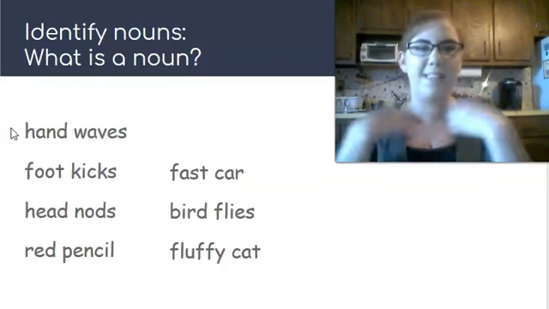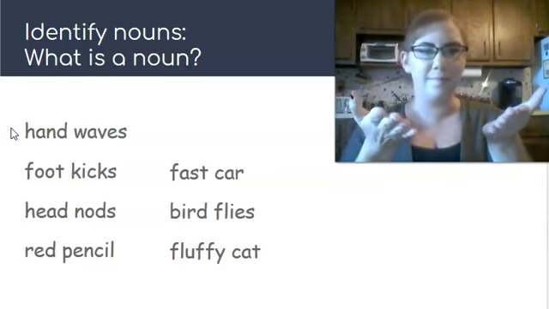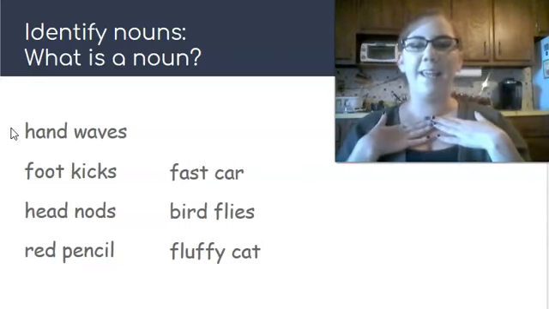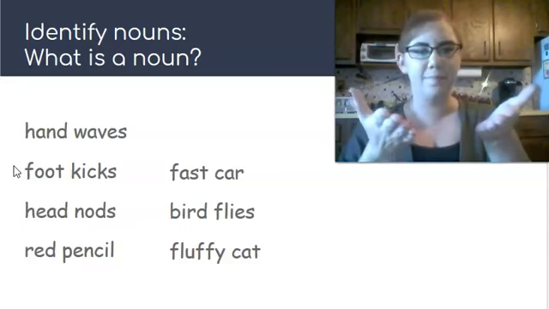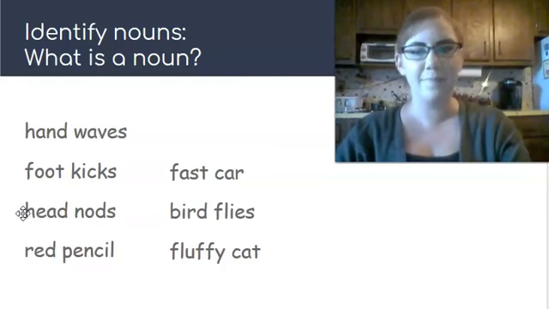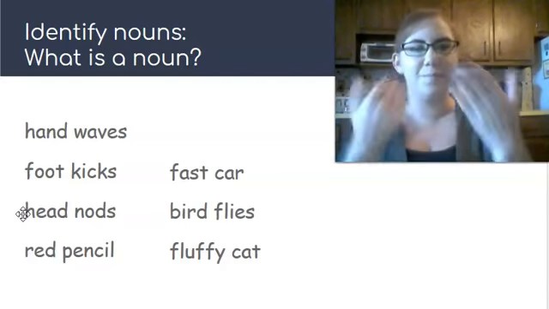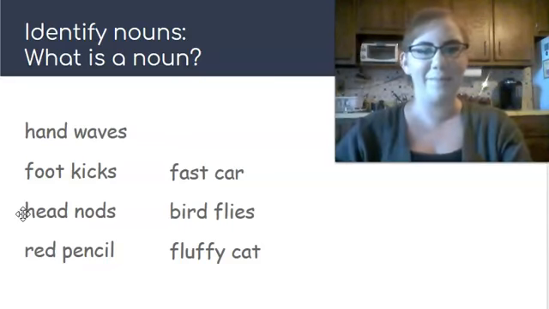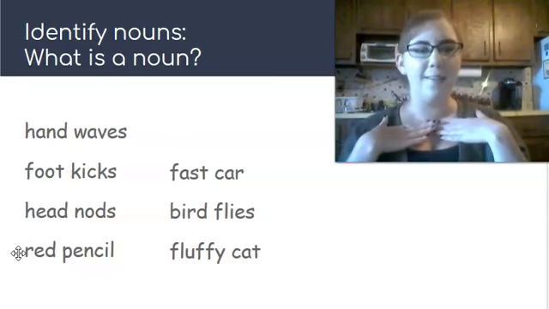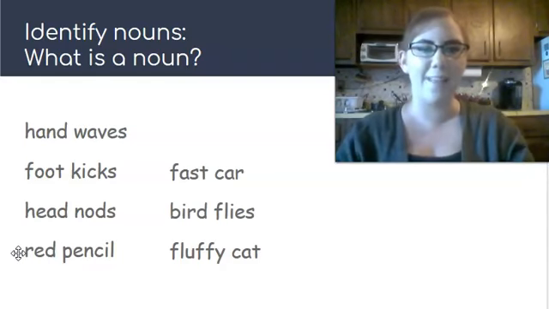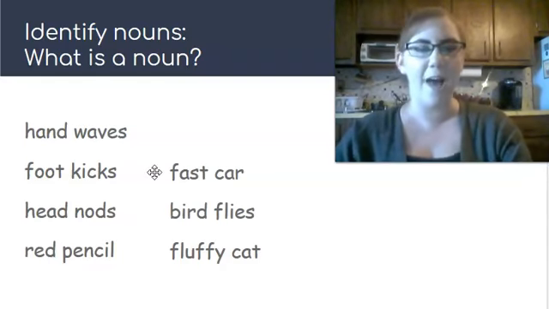Hand waves. Hand is a thing. Foot kicks. A foot is a thing. Head nods. Your head is a thing. Red pencil. A pencil is a thing. Remember, a thing is a noun.